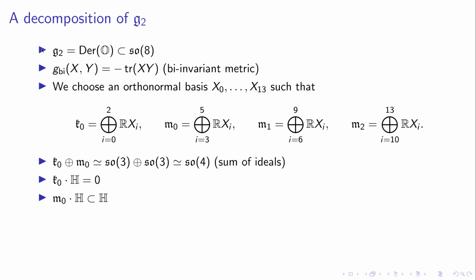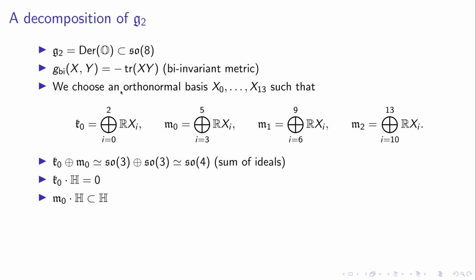The Lie algebra of G2 is the derivation algebra of the octonions, and we are identifying this Lie algebra as a subalgebra of SO4. We consider the invariant metric with this scaling, and we have the following orthonormal basis. The explicit formulas are not here, but they are in the preprint, so it is not important to see the matrices, but the important thing is the following.